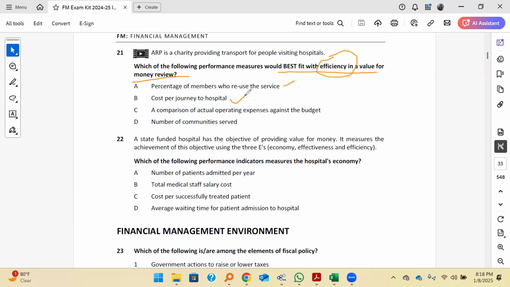Actually, this is something, because if people are using cars to go to hospital, you want to know for each journey how much it is costing you to take people to the hospital. That can come under efficiency. Then a comparison of actual operating expenses against budget is cost, which is economy. The number of communities served is also effectiveness.